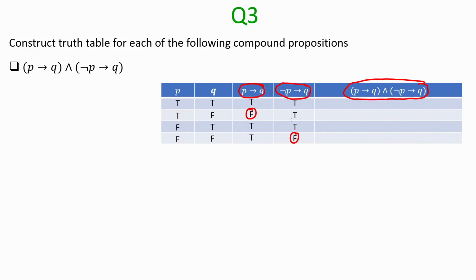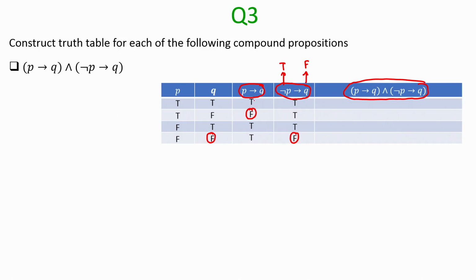The statement will be false when LHS is true, but RHS is false. That means your Q is false and P is false, because if P is false, then this negation of P will become true. And that is why true implies false will lead to the value false. For all other three combinations, this implication will always take the truth value true.